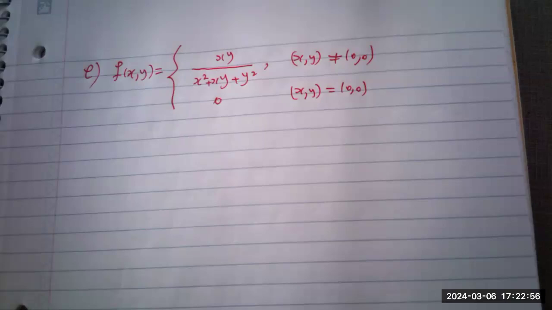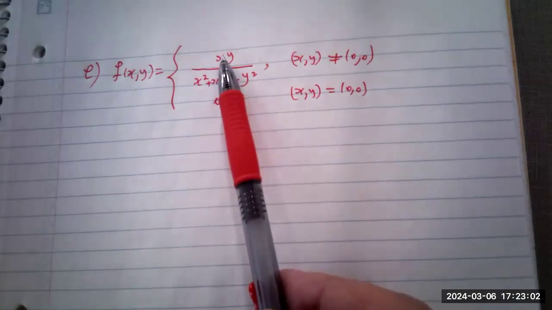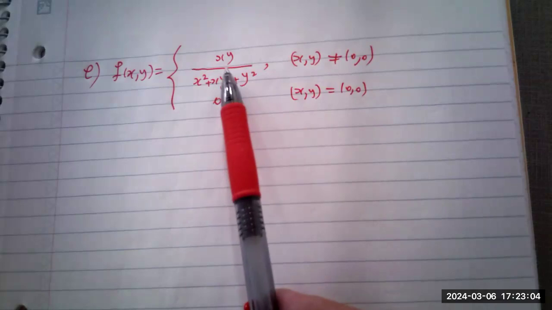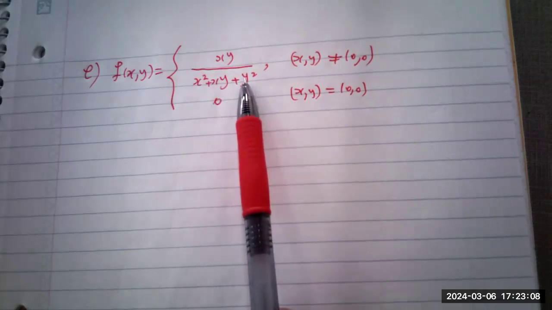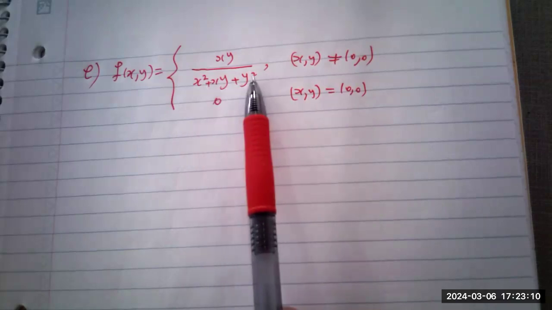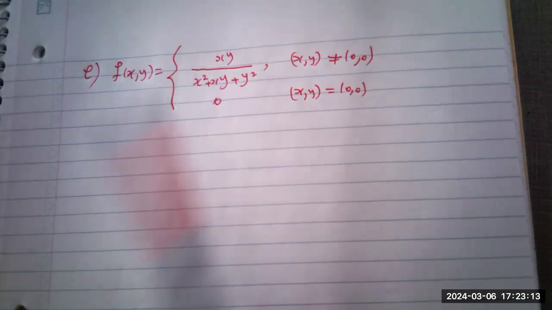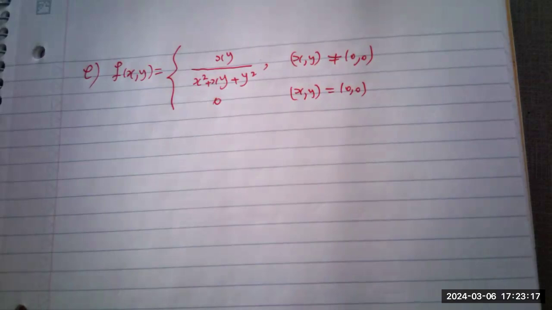So to reject it, you have to pick a direction. If you put x equal to 0, this is going to be 0, and you get a y squared here, so it's going to be 0. Then if you pick y equal to 0, you get 0 again. So you need another direction.